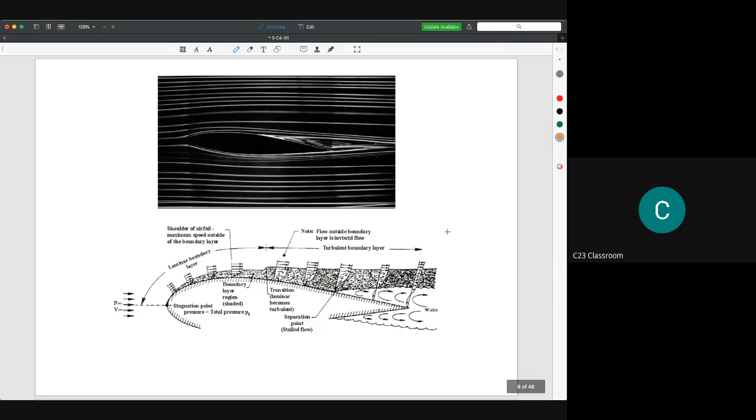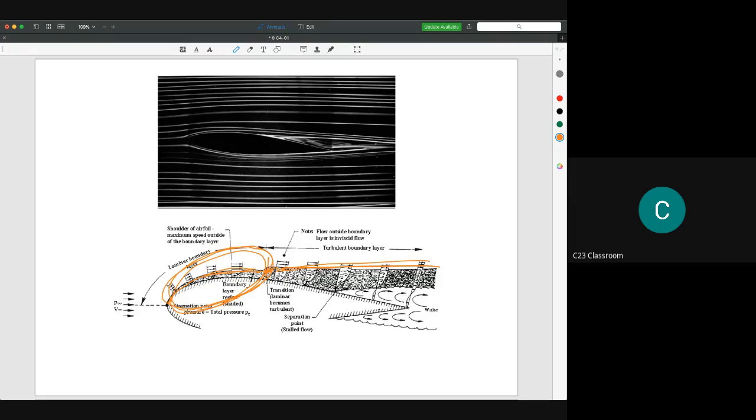As we mentioned just now, we have laminar and turbulent boundary layers. First, the flow is laminar here, and then it will change into turbulent. In our first chapter, might be chapter 4, we will focus on the laminar boundary layer because in certain applications, only laminar boundary layer will occur.